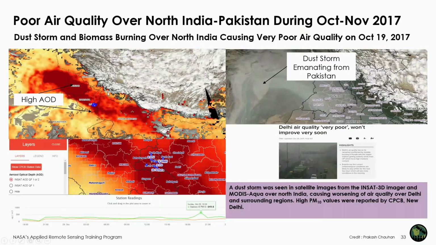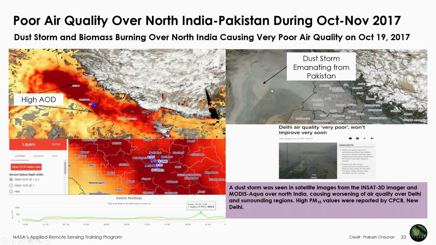This is another event. That was the case of 2016, and this is the case of 2017. After one year, a similar situation was there in 2017 also, and you can see large AOD plumes over this area.